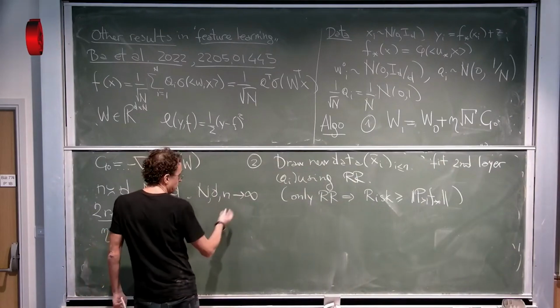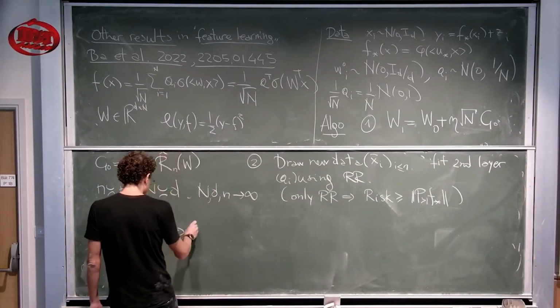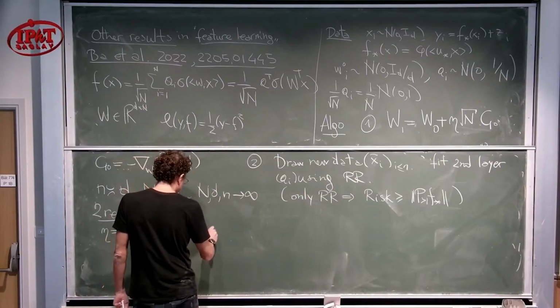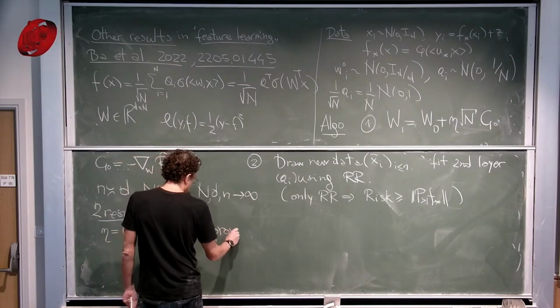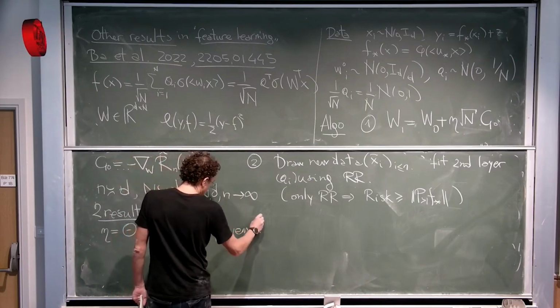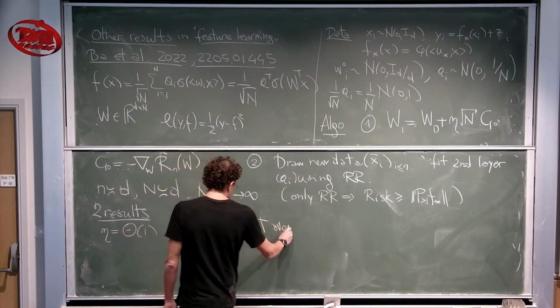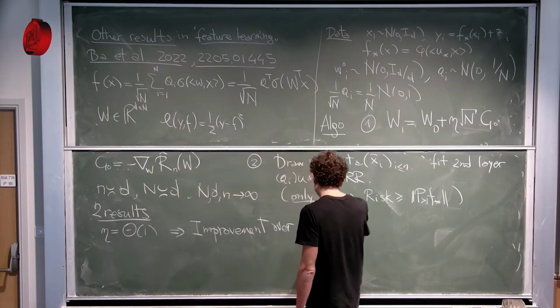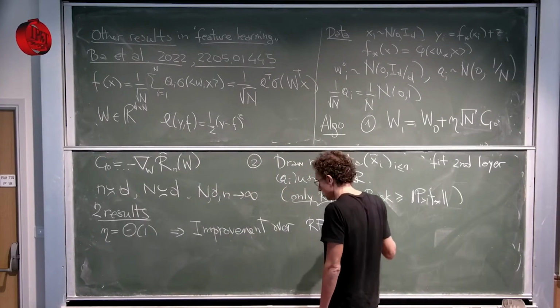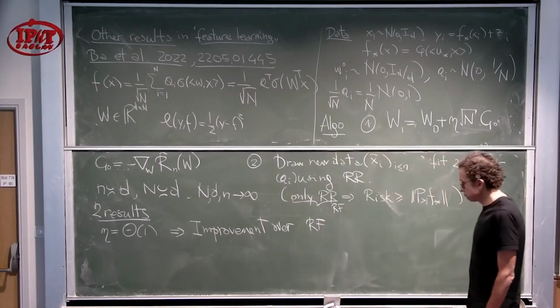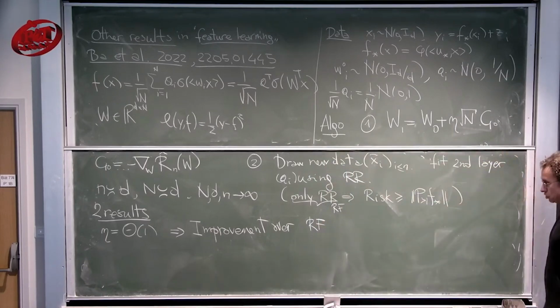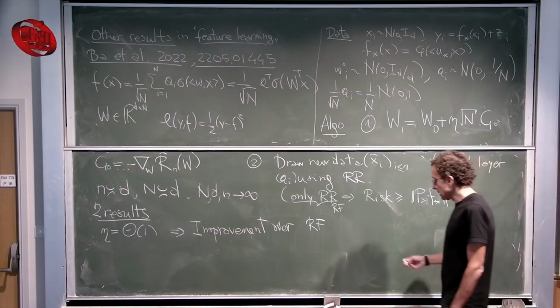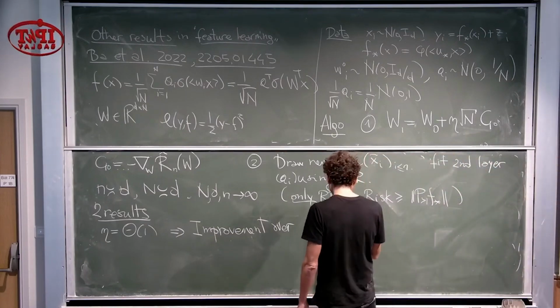They compute exact asymptotics in this regime, and show that you get an improvement over random features. This is the random feature model, where we just fit ridge regression with respect to the features. You get an improvement, but still lower bounded.